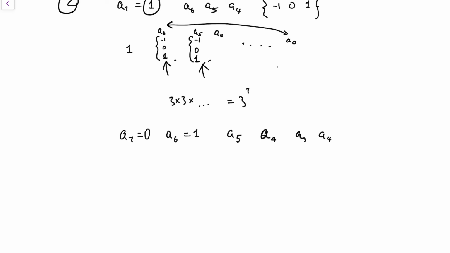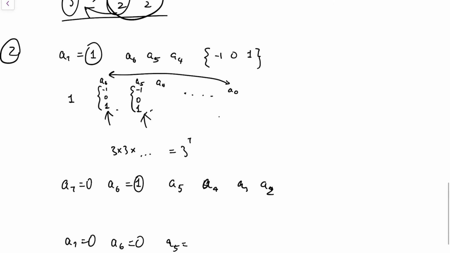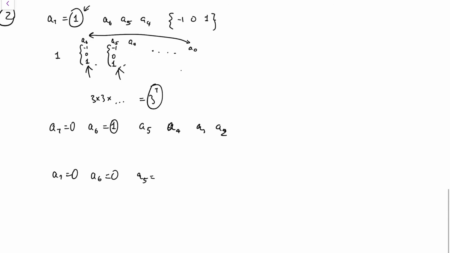So a7 is 0, right? a6 is 1. The next step would be a6, a7 are both 0, a5 equals 1. So the starting value would shift from a7, a6, a5, and then a4, a3, a2. Firstly, if you have a7 is 1, all of these combinations make 3 to the power of 7.